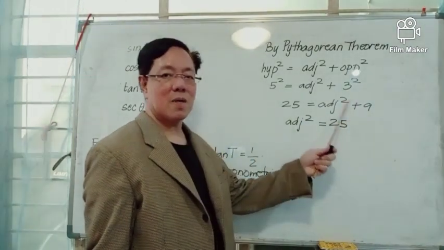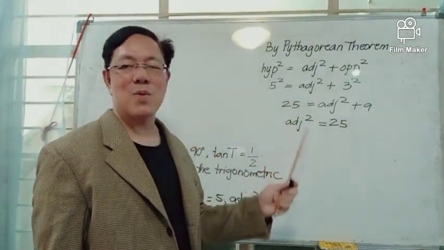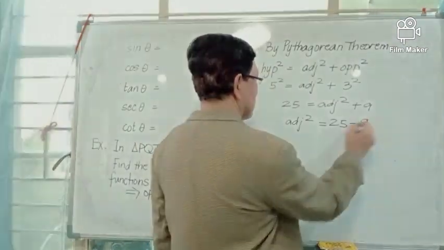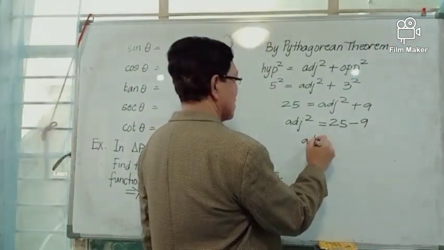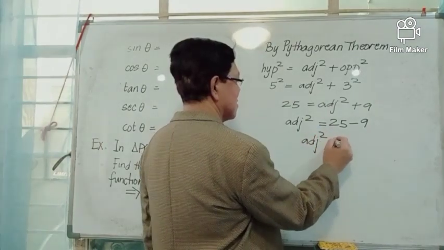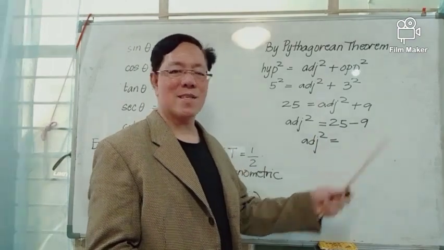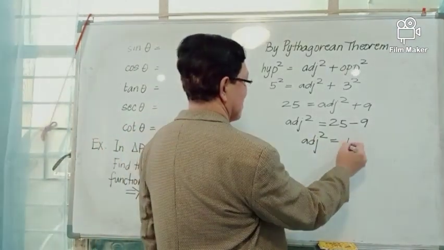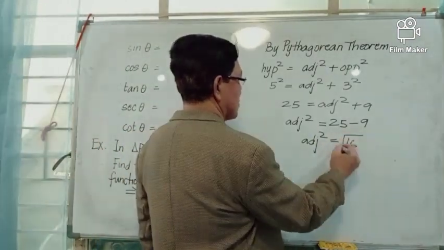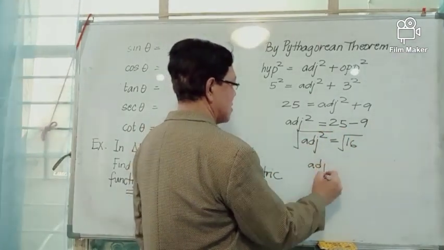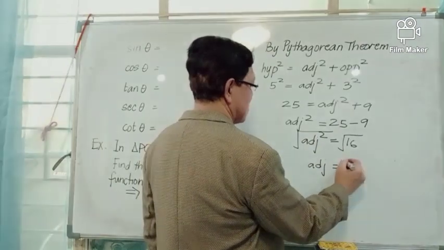And positive 9 we transpose to the other side, we take the opposite sign, we get negative 9. And the square of the adjacent side is 25 minus 9, 16. And we take the root of both sides, hence the adjacent side is 4.